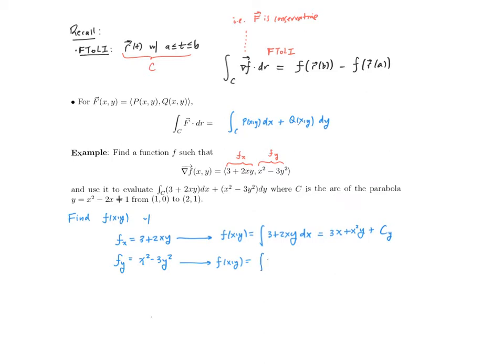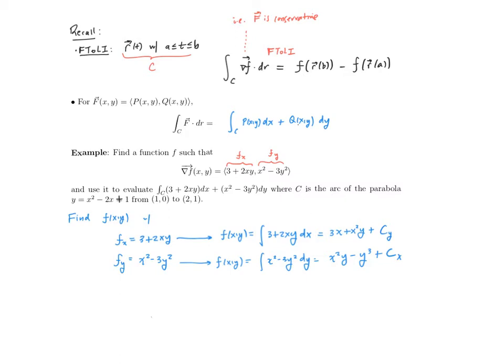So f is also the antiderivative of x squared minus 3y squared with respect to y, which means we treat the x squared as a constant. Because it's an indefinite integral, we have plus c, but note c is a quantity that could involve x's.